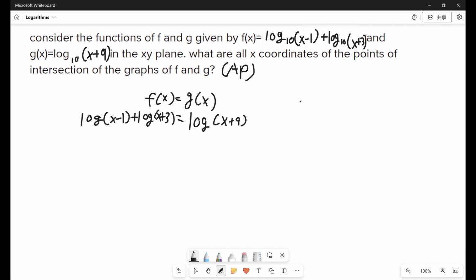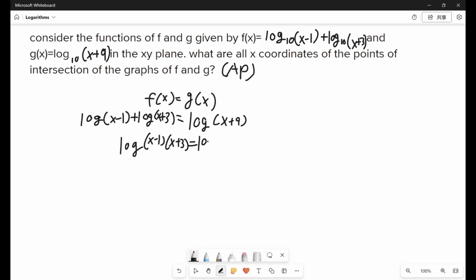So how do we solve it? We have some random functions of logs here, but we can use the addition rule. What's the addition rule? It basically says if you add two logs with the same base, for example log base 10 of (x minus 1) plus log base 10 of (x plus 3), that is just log base 10 of (x minus 1) times (x plus 3).